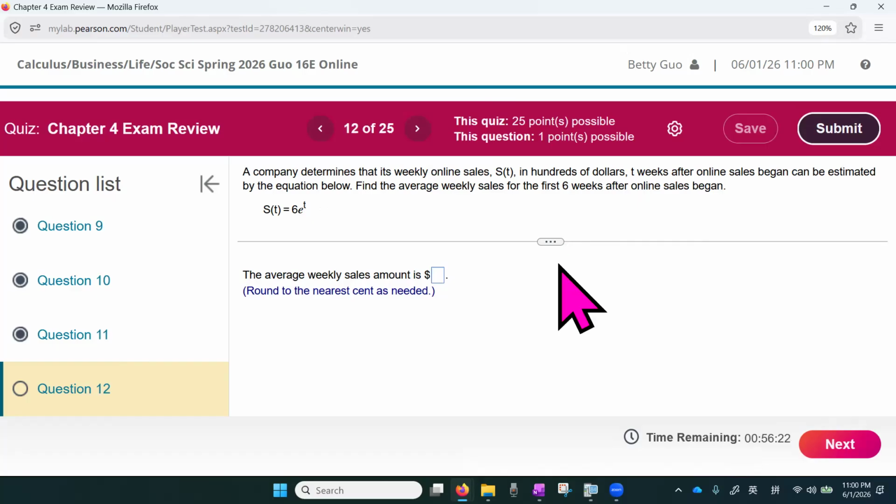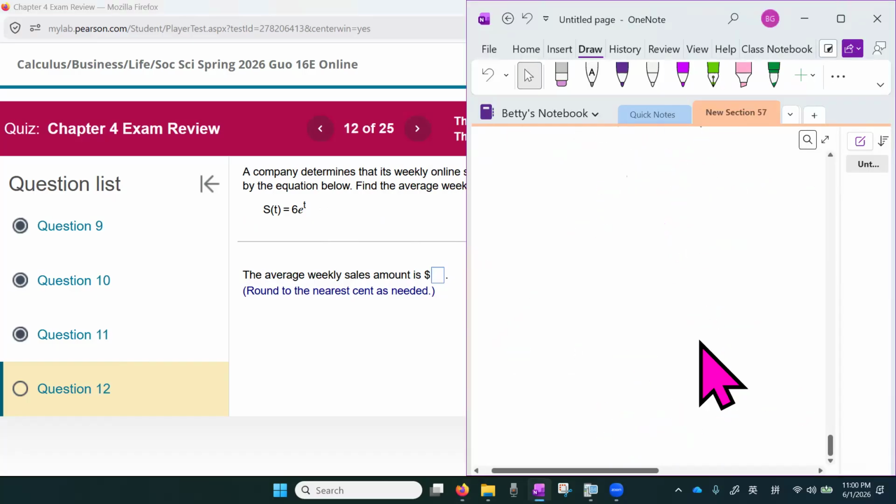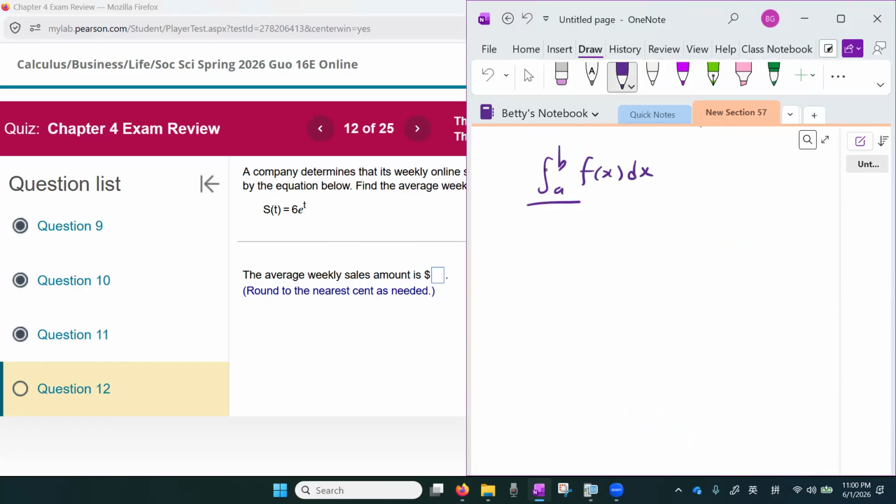First 6 weeks, so from 0 to 6. The formula we're using here is the integral from a to b of f(x) dx over b minus a. That's the definition of average.